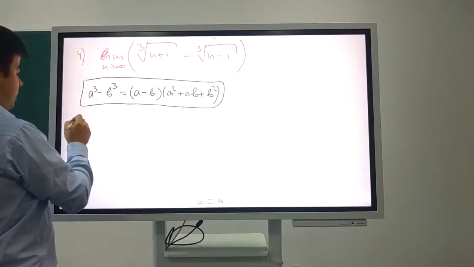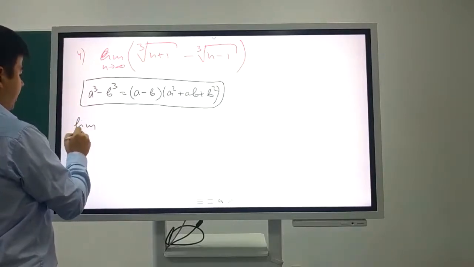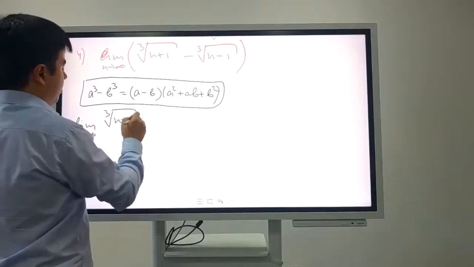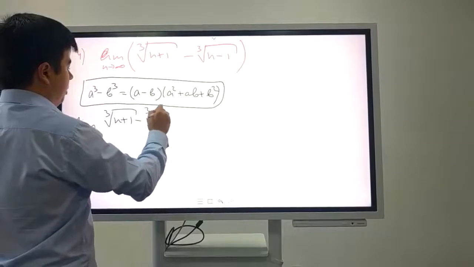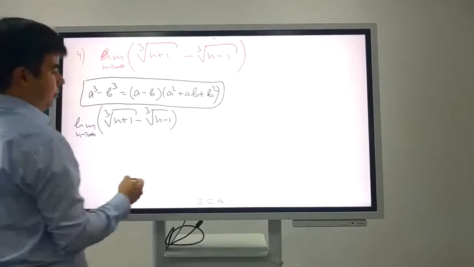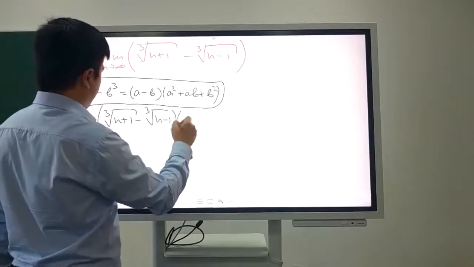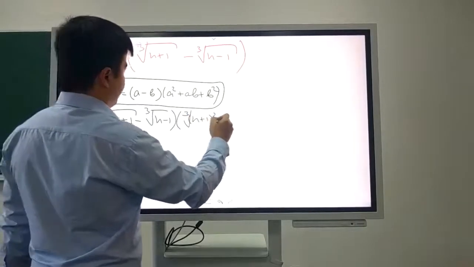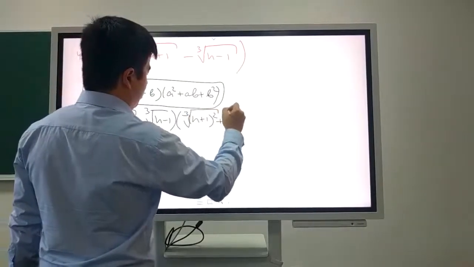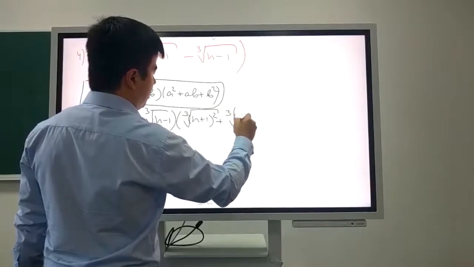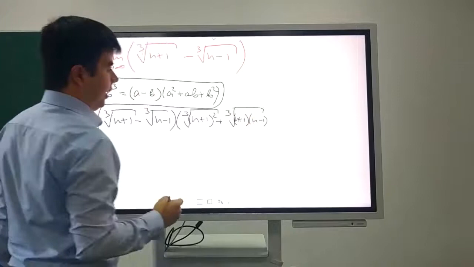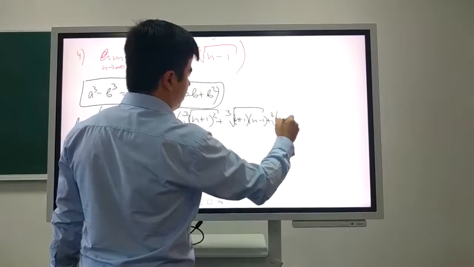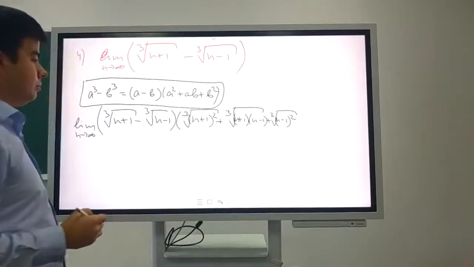So it is limit n tends to infinity of cubic root of n plus 1 minus cubic root of n minus 1, multiplied by the next bracket of this formula: cubic root of n plus 1 squared plus cubic root of n plus 1 times n minus 1, and the last one plus the cubic root of n minus 1 squared.